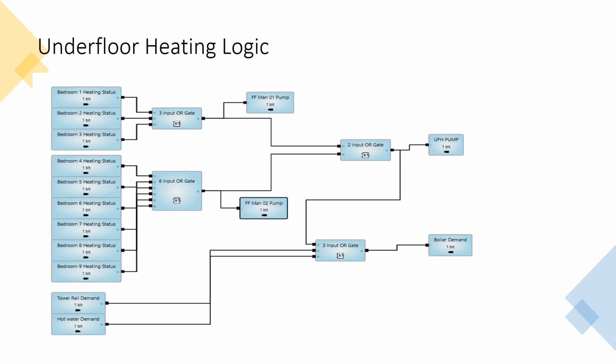And if the main manifold pump, the towel rail, or the hot water is on, then you need to turn on the boiler and the main circulation pump. It's the same logic for the boiler and the main circulation pump as well. Okay, so let's go to the ETS programming.